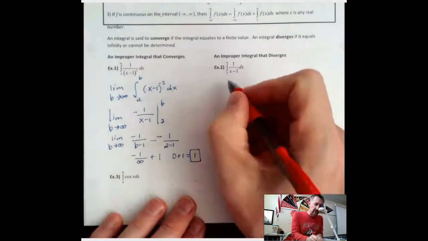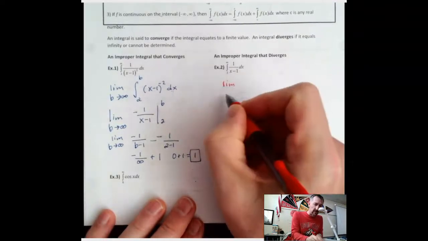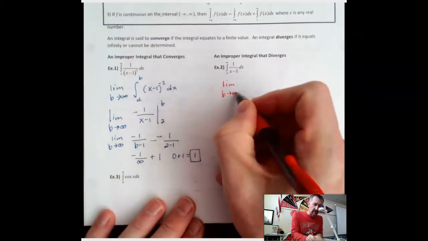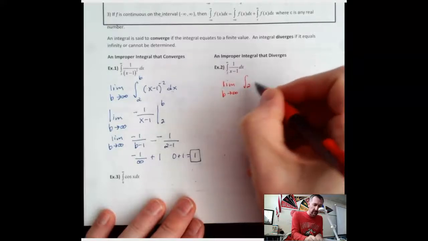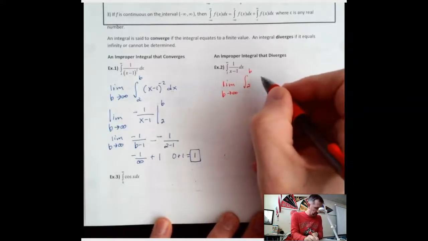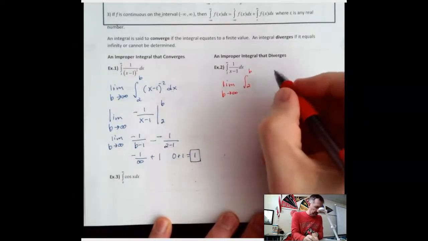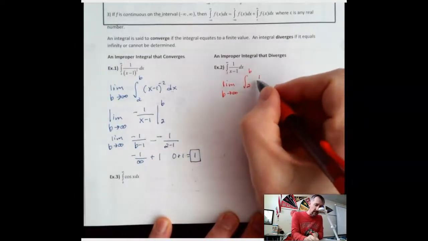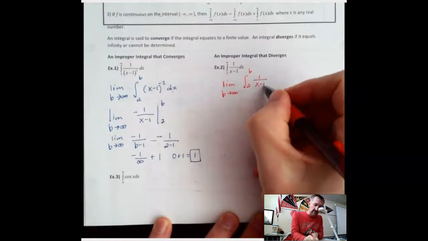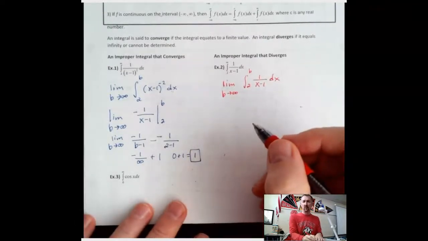Alright, so we're going to try and do the same thing again here. So we have the limit as b approaches infinity, of the integral from 2 to b. Now here, I don't want to rewrite that because the integral of that is the natural log. So I'm not trying to write that to the negative 1 power.